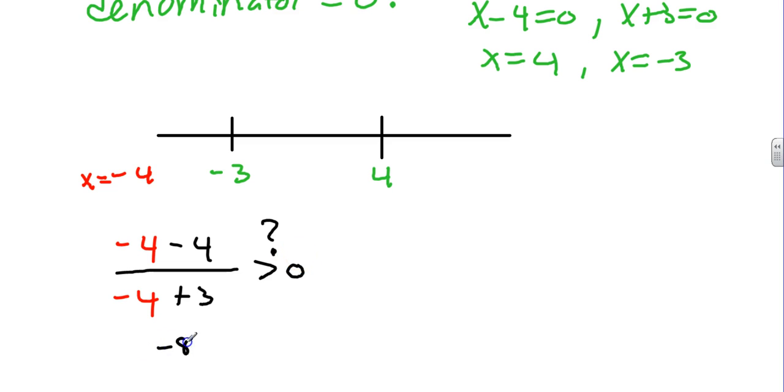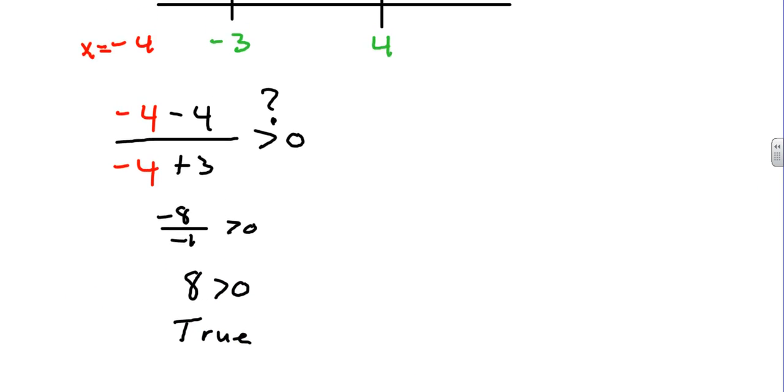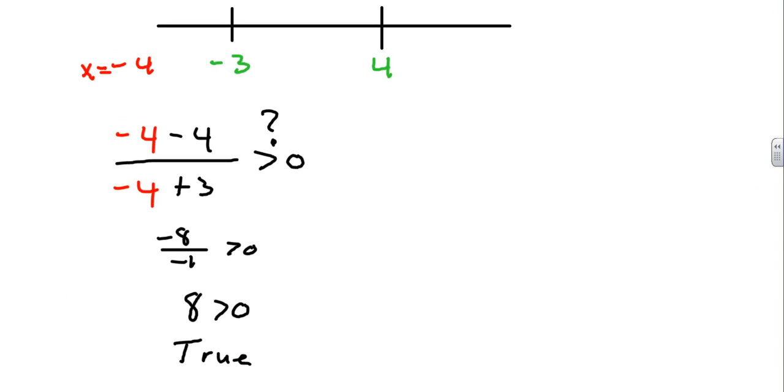So that's negative 8 over negative 1, greater than 0. That's 8 greater than 0, so that part would be true. So when we plug in negative 4, we get a true statement. And again, because that one was just greater, you'll use parentheses on this one. Shade everything in this area. Parentheses, the same thing as open circle.